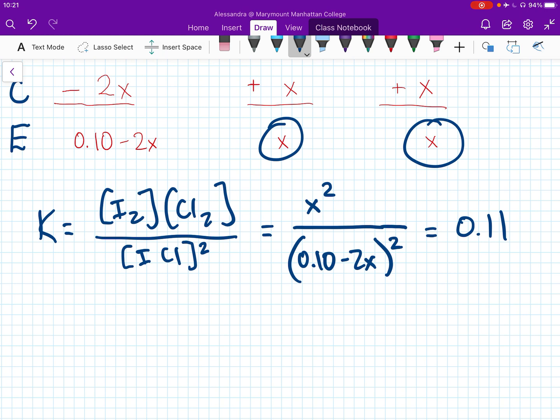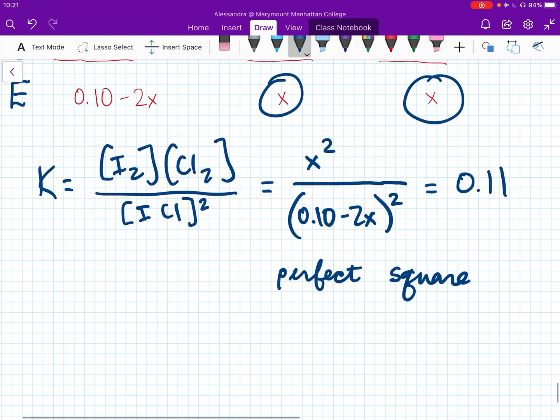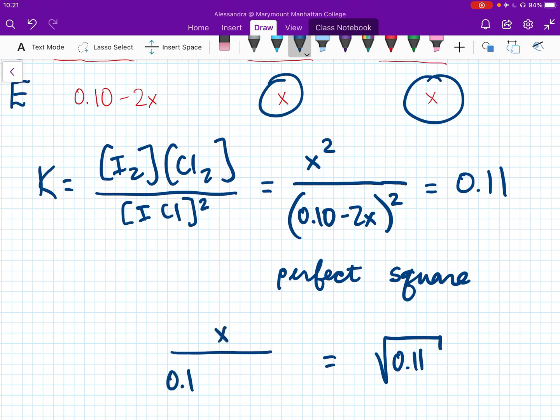But one thing that makes it a whole lot easier is recognizing that this is a perfect square, which is going to simplify the algebra quite a bit because I can take the square root of both sides. So the square root of 0.11 is going to be equal to the square root of x squared over 0.10 minus 2x squared. So that becomes x over 0.10 minus 2x.